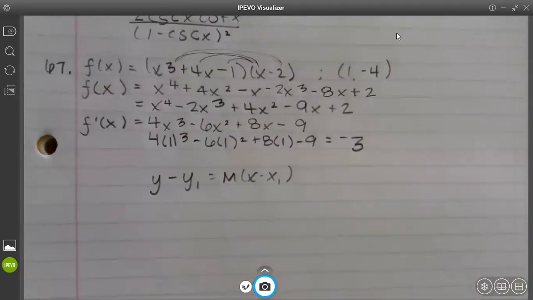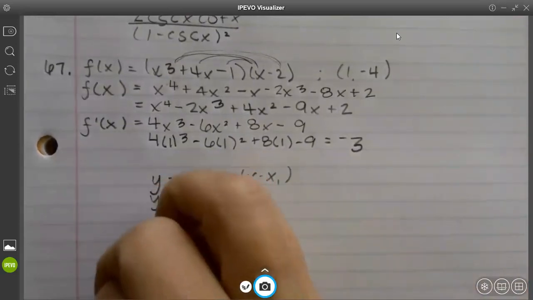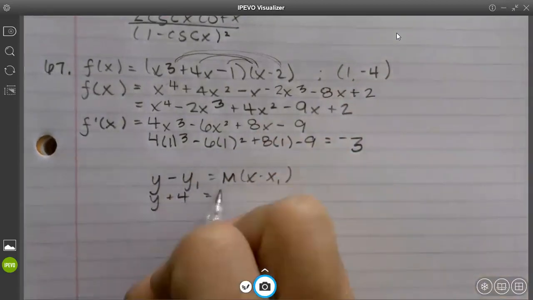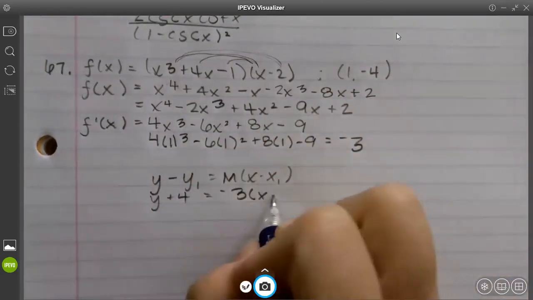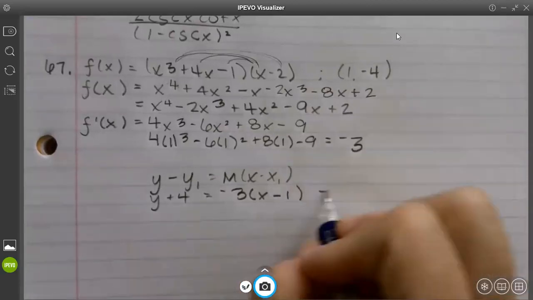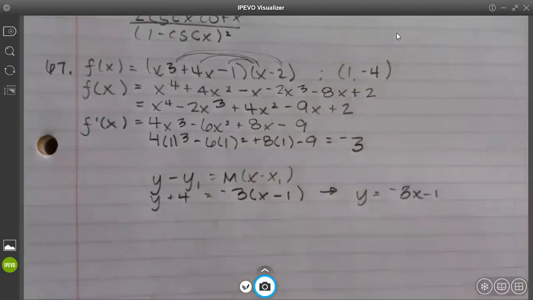You can leave it in point slope form unless it asks you for something different. I would just leave it in point slope, especially when you get later on and you're using like pies and stuff like that. Just leave it. Don't try to fix it. Okay. So we have y plus 4 because our y coordinate up here was -4. We changed the sign. Our slope was -3, x minus 1. When you work that all out, if you want to solve for y, it does turn into -3x minus 1.